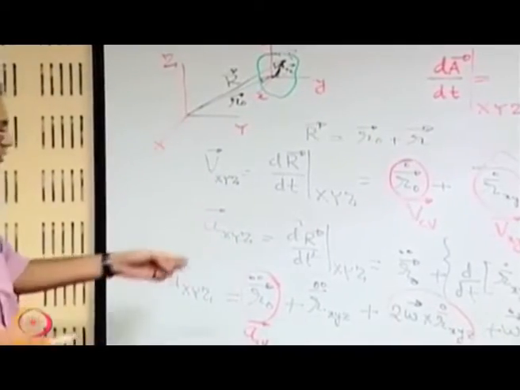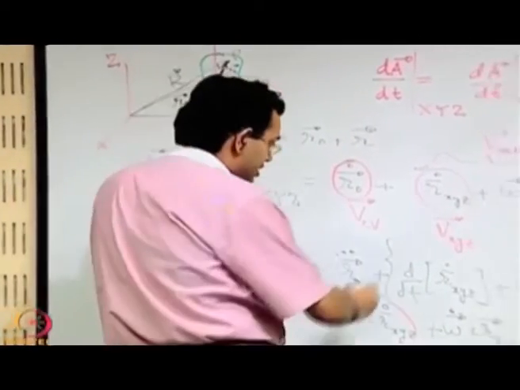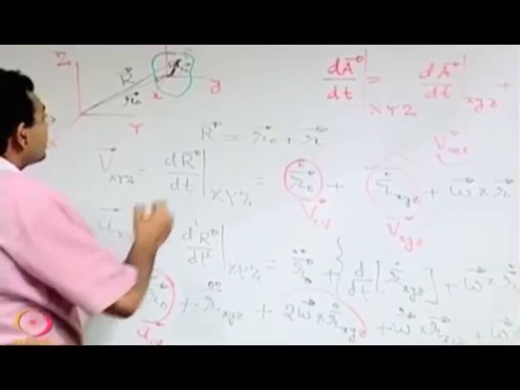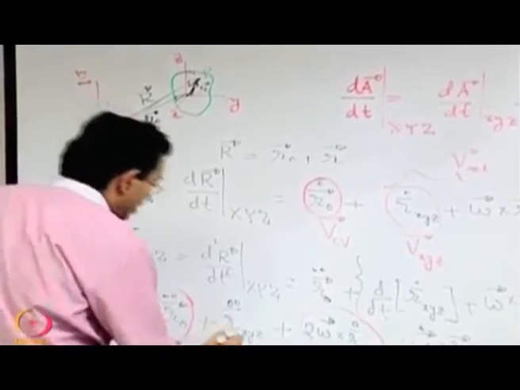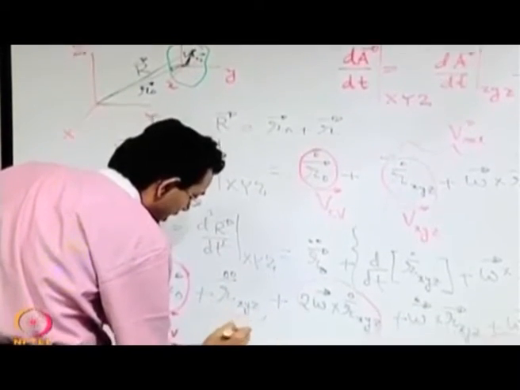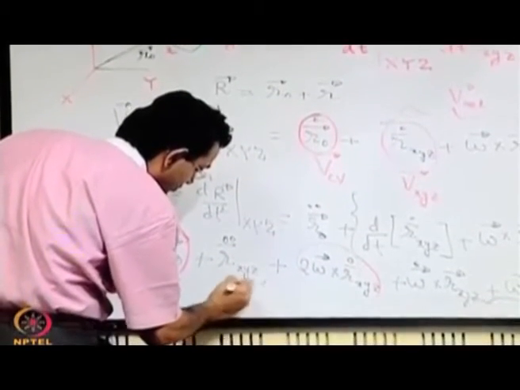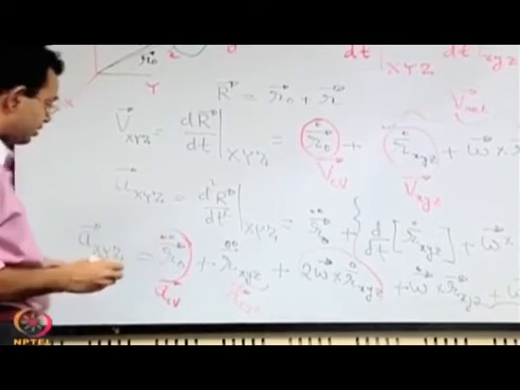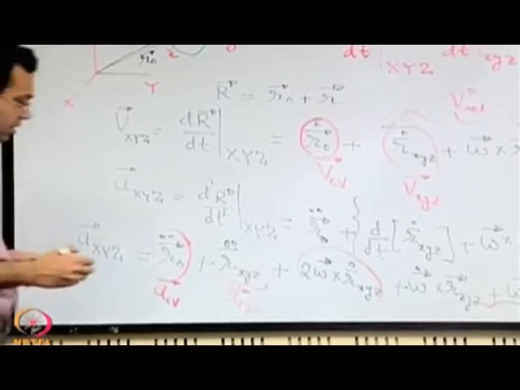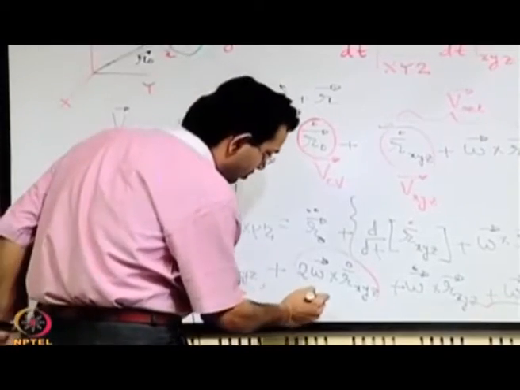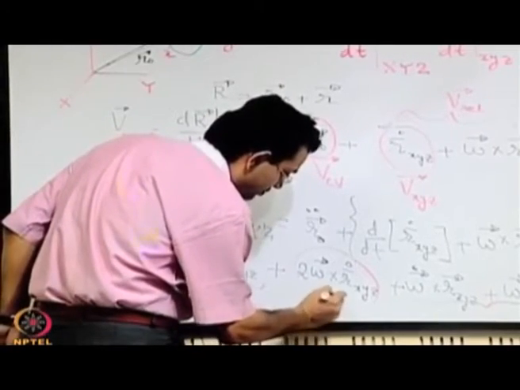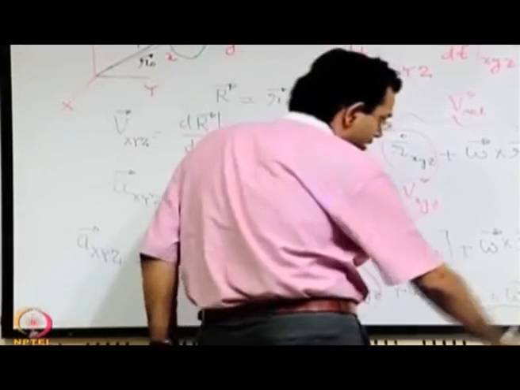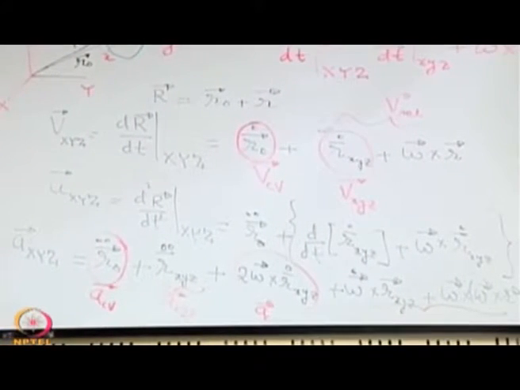Now, what we can do is we can just write it in a bit of a more compact way. We can write this term as a small xyz, and all the remaining terms, like this we know this is like A Coriolis, and this is the angular velocity effect and angular acceleration effect.